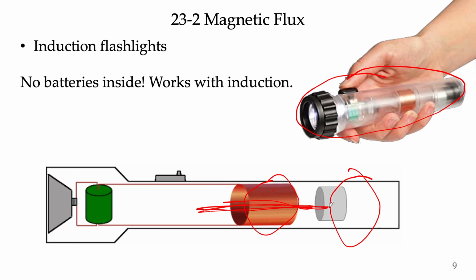It basically induces some current, and that current is connected to this capacitor, and the capacitor gets charged. Then at a later point in time, you can use this flashlight. So you just charge it by shaking it.